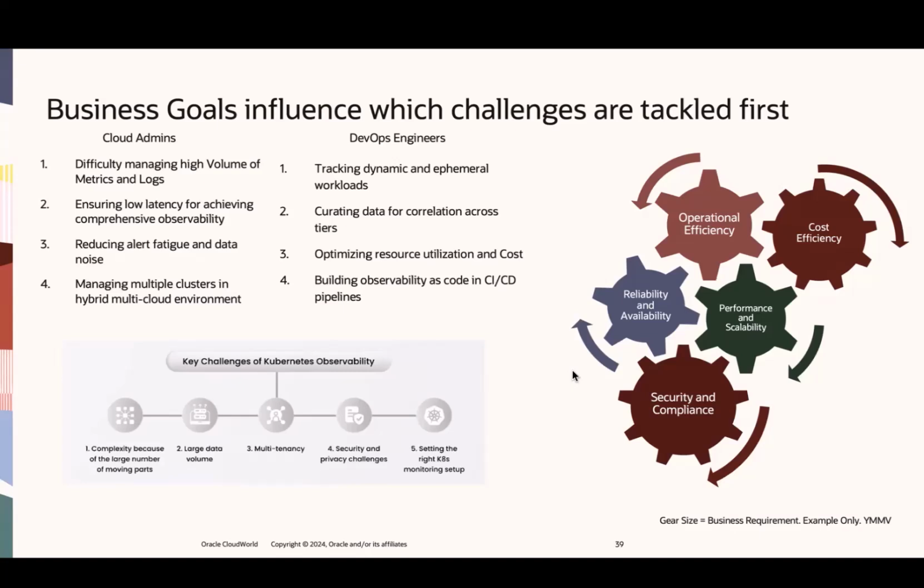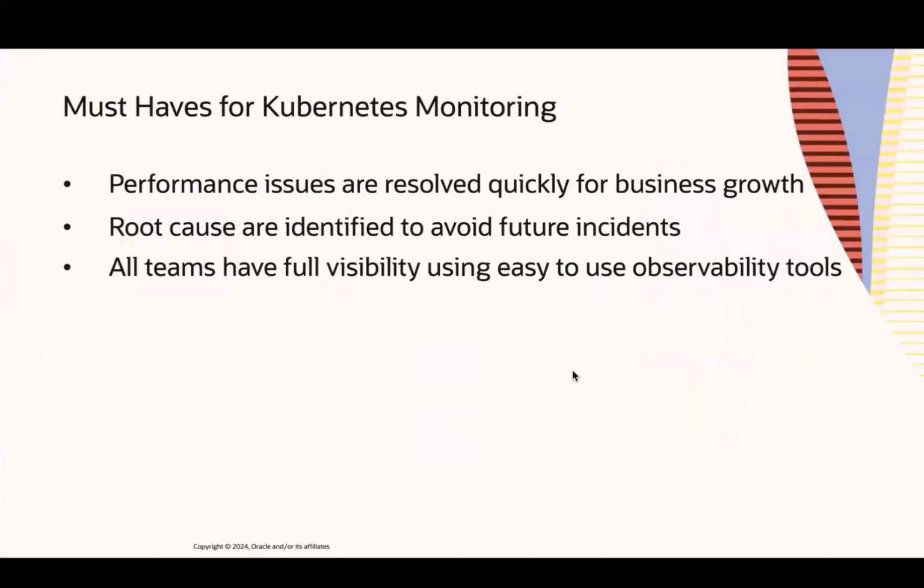Now, what are the must-haves for a Kubernetes monitoring solution that we have learned from our customers, some of our largest customers like 8x8, where performance issues must be resolved quickly for business growth, and it's important that root causes are identified to avoid future incidents.